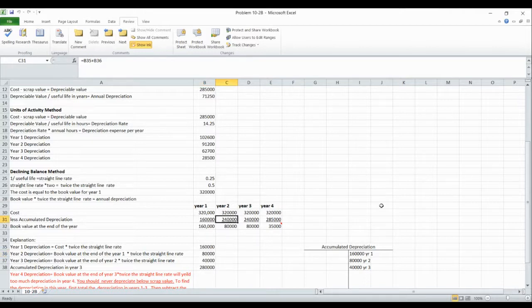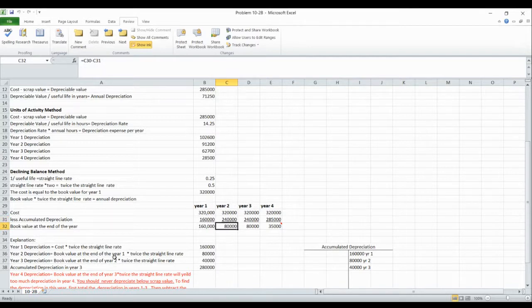So 160,000 plus 80,000 is how we got the 240,000. The difference between these is the book value. The book value at the end of year two is 80,000. It's the cost minus the accumulated depreciation in year two.